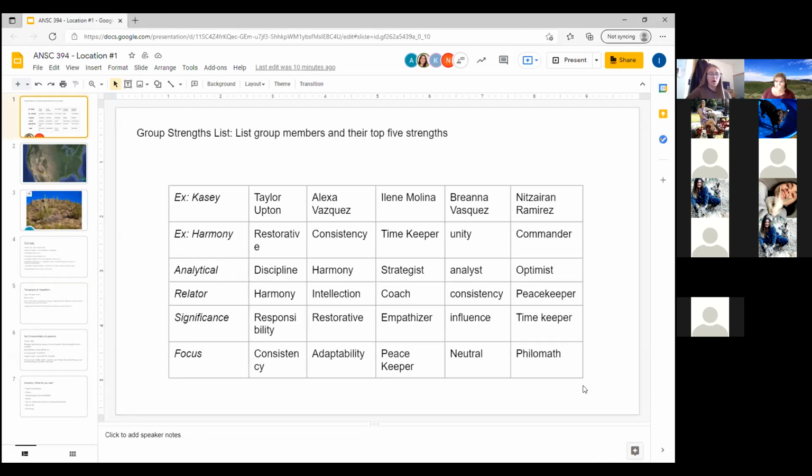I'm Alexa, and mine were consistency, harmony, intellection, restorative, and adaptability. My name is Brianna, and my strengths were unity, analysis, consistency, influence, and neutral. Hi everyone, I'm Nitsi. My strengths are commander, optimist, peacekeeper, timekeeper, and Philomath. I believe that's how you say it.